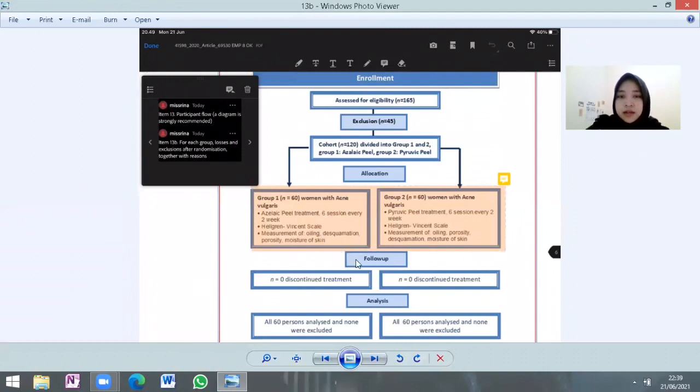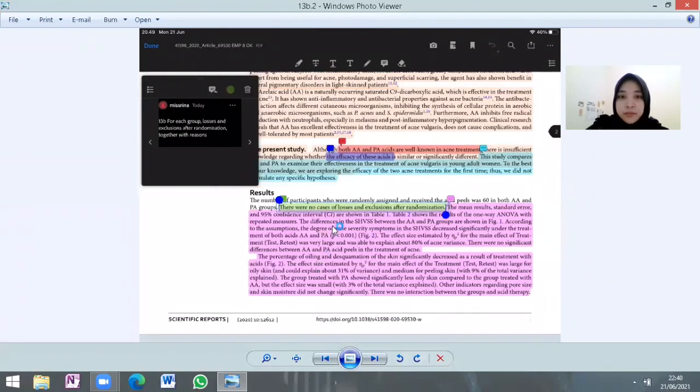Then at follow-up, there is no discontinued treatment, and all 60 of each group were analyzed and none were excluded. We can also see it on page 2. There were no cases of loss and exclusions after randomization.